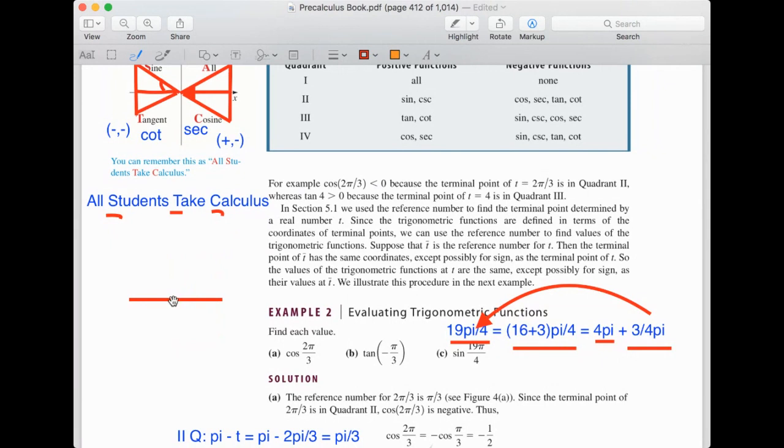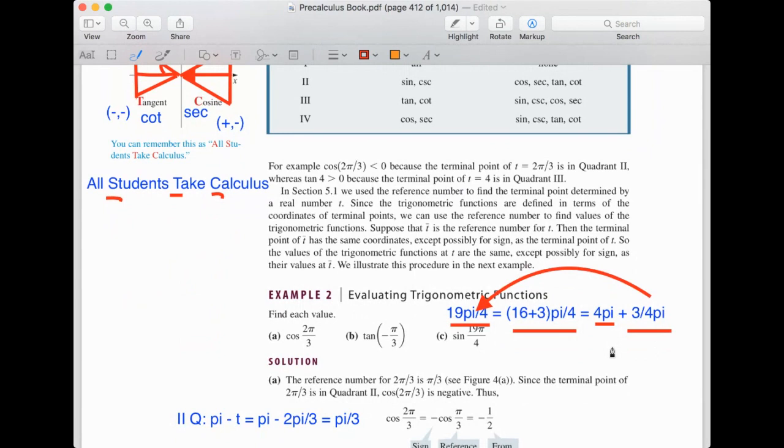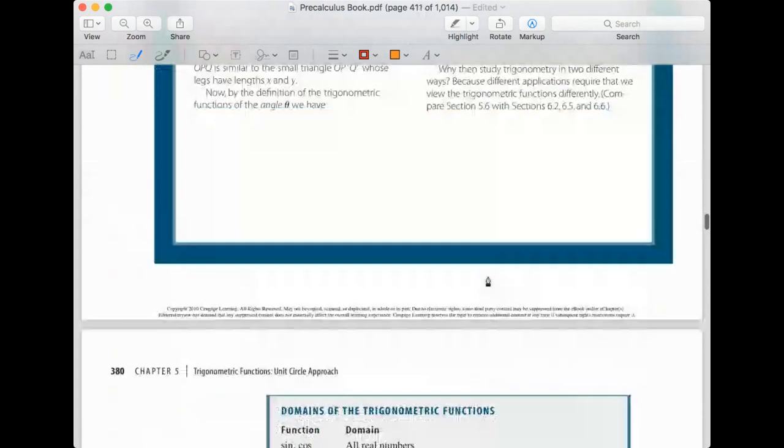So any number, if we can find 2 pi in it, 4 pi, 6 pi, 8 pi, 10 pi, those even multiples of pi, we can ignore them. We use the smallest positive number between 0 and 2 pi. Does this make sense? Not really, but it's okay. Okay, let's go back a little bit.